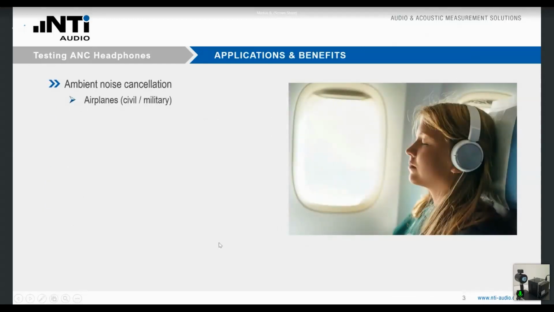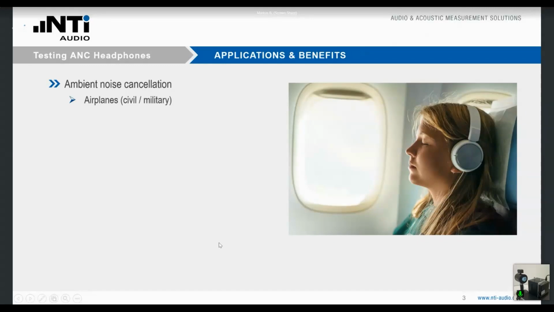I guess you know, or maybe you already own a headphone with an ANC feature inside. It is quite common, quite popular, for instance, in passengers of airplanes who just want to have a quiet time during their flight. They want to avoid the annoying sound from the turbines from outside.